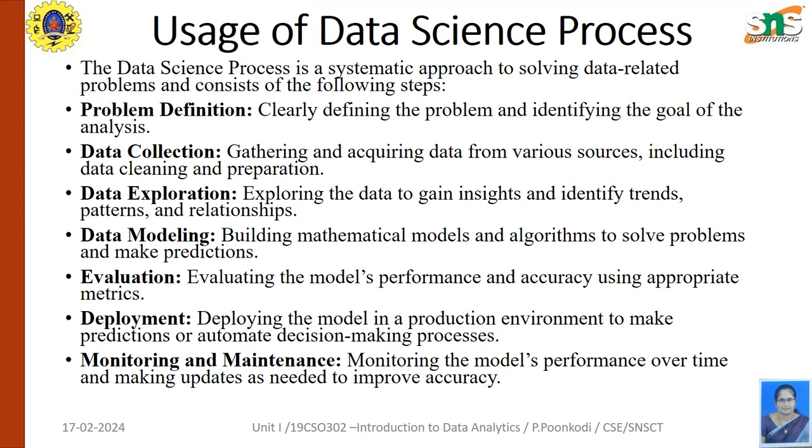Collection gathers or acquires the data from the sources. Exploration means transforming the data. Data modeling is to build a mathematical model and algorithm to solve it. Then evaluating the model performance and accuracy. Deployment means graphical representation. Then monitoring and maintenance means monitoring model performance over time and making updates as needed to improve the accuracy.